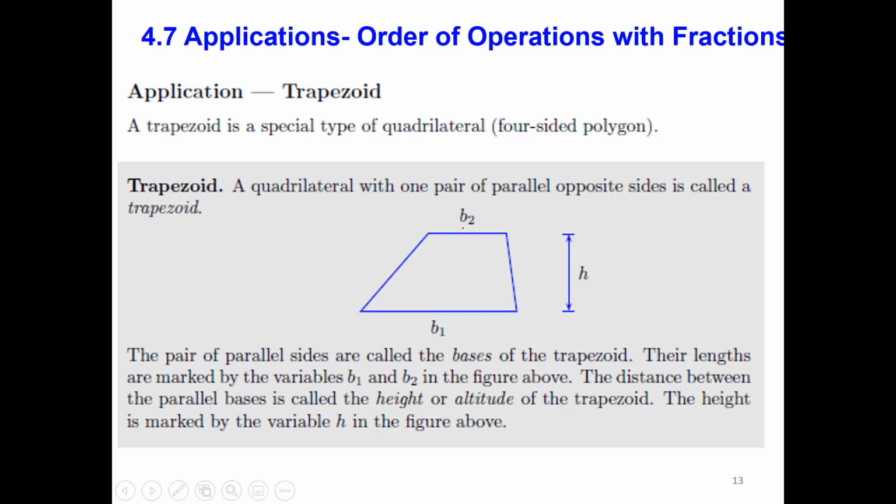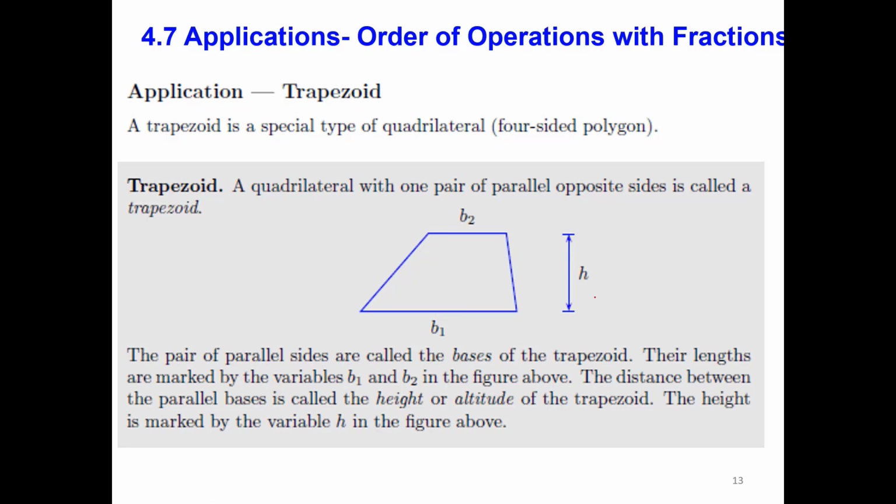Yes, this side is parallel to this side, and the sides that are parallel are called the bases. And the distance between the bases is called the height or the altitude. We had here 2 bases, are these 2, and the distance between these 2 bases is called the height or the altitude.